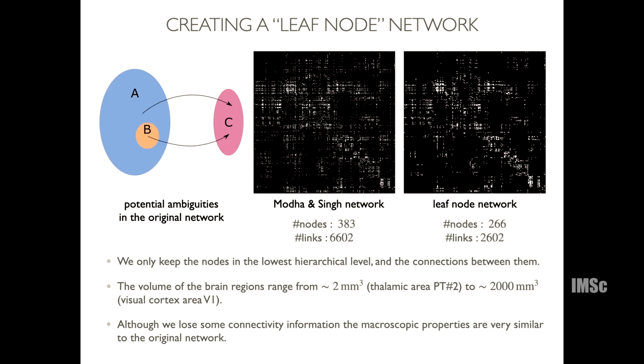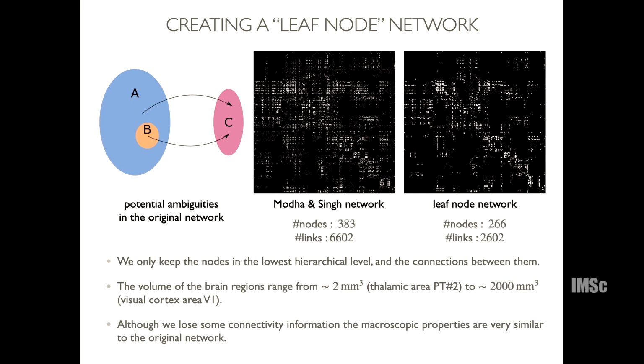Can that lead to a loss of information? Yes, it probably did lead to a loss of some information, but we felt that the loss of some information is a price worth paying for the fact that we now have no ambiguity. So now this is a completely unambiguous network.